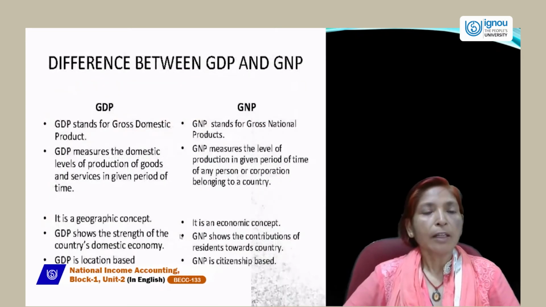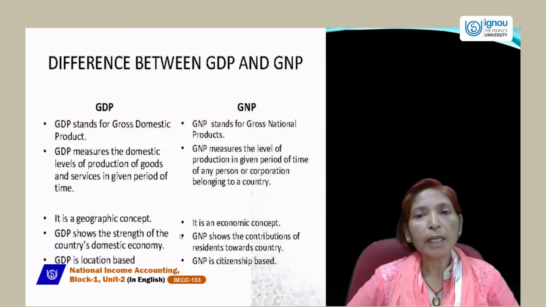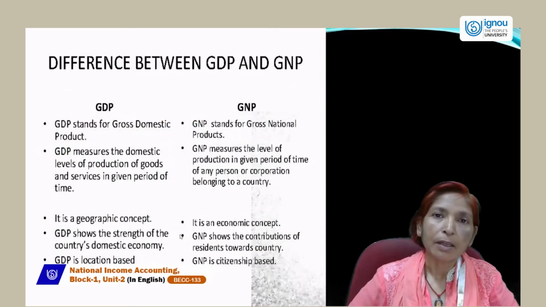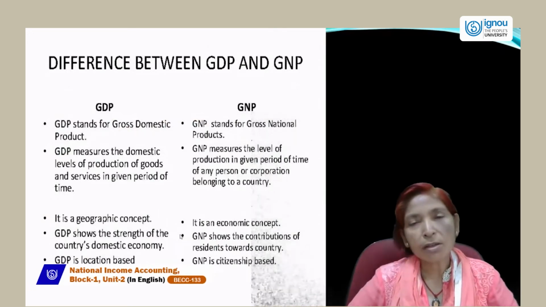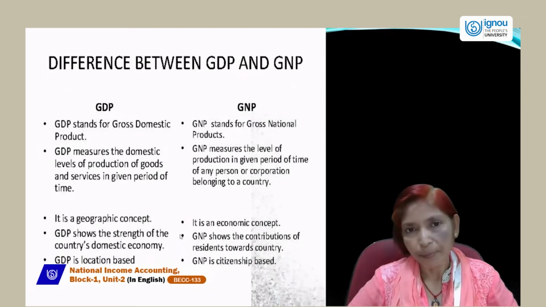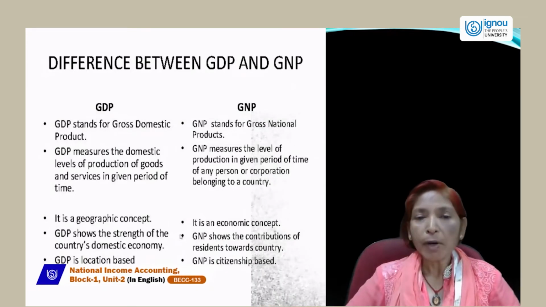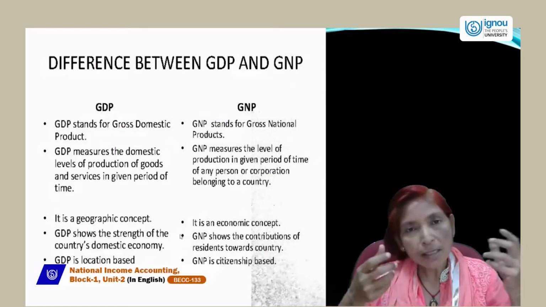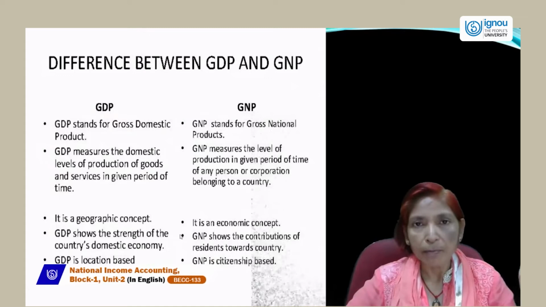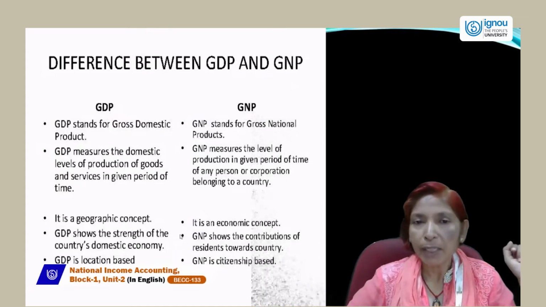Next is the difference between GDP and GNP. What is the difference between gross domestic product and gross national product? In simple words, first of all, we must know the meaning of GDP and the meaning of GNP.